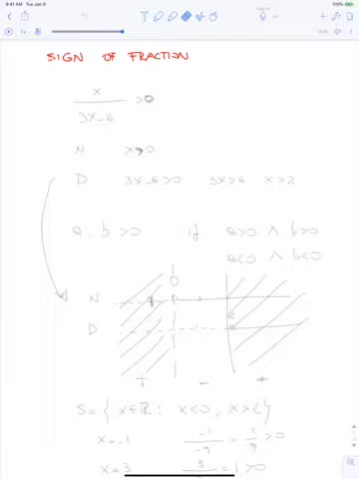Now we want to know when this expression is positive or negative. Well, obviously the velocities are always positive, but this is an example of a function that is expressed in the form of a fraction.